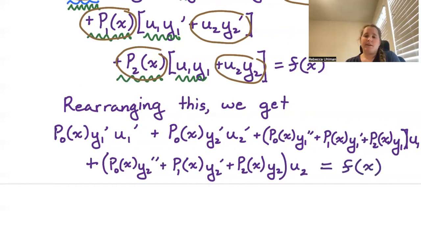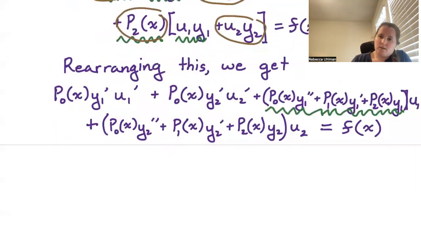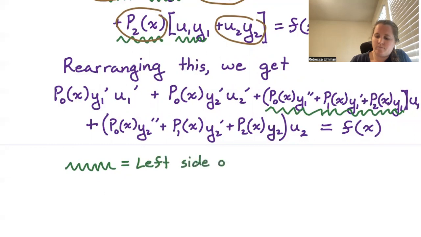Now the key here is the part that was the green zigzag. This is just the left side of the equation with y1 plugged in.